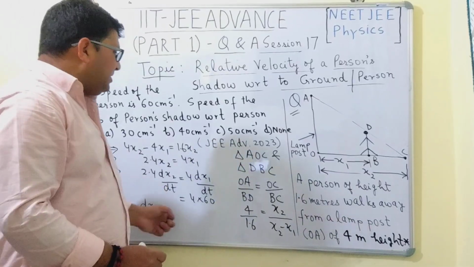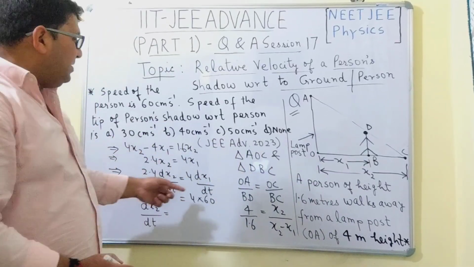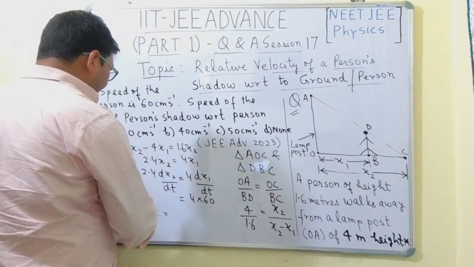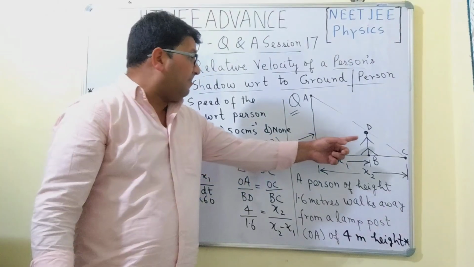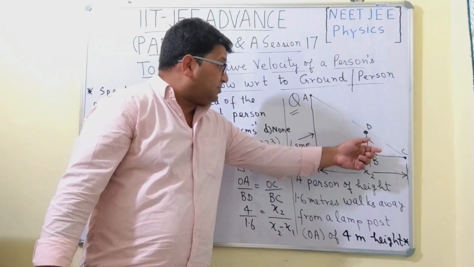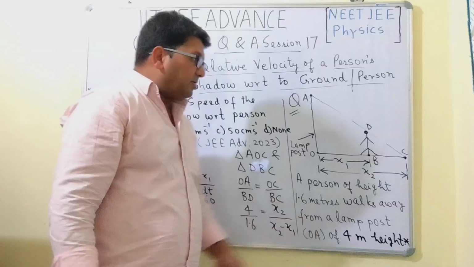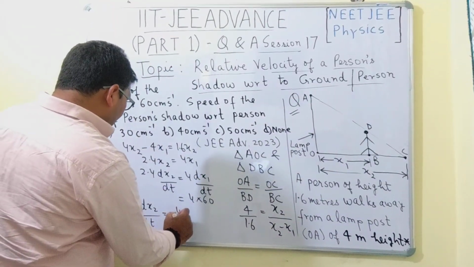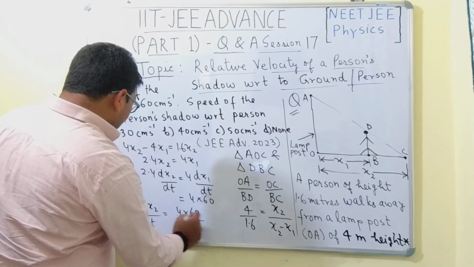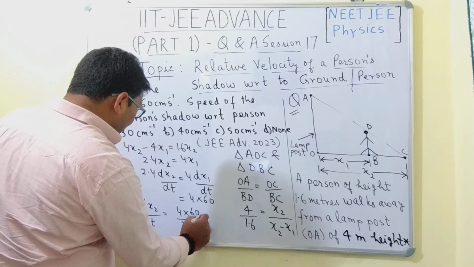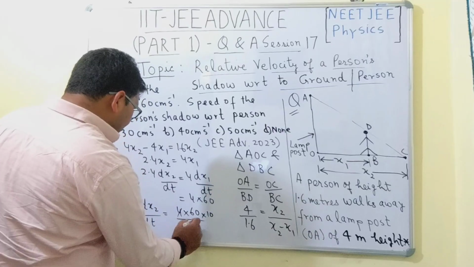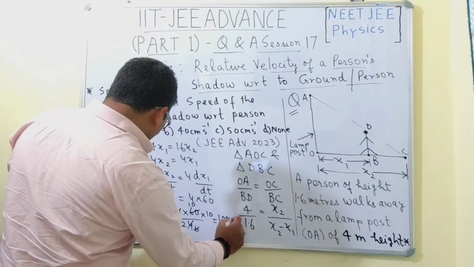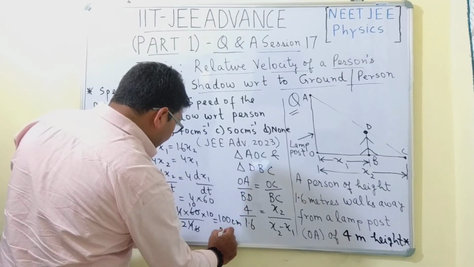Now dx2 upon dt is basically the speed of the shadow at any moment of time, or you can say the speed of the shadow of the tip of the person at any moment of time. So this is equal to 4 into 60 divided by 2.4, which can be written as 24 into 10, and this comes out to 100 centimeter per second.